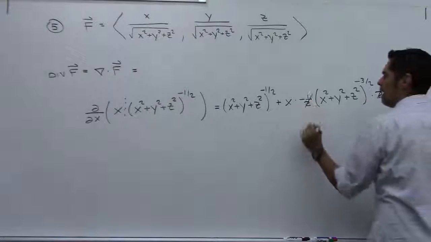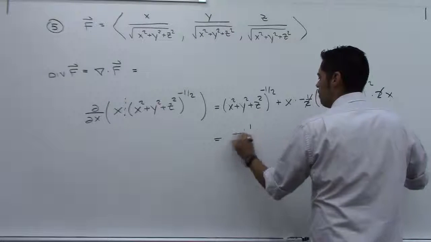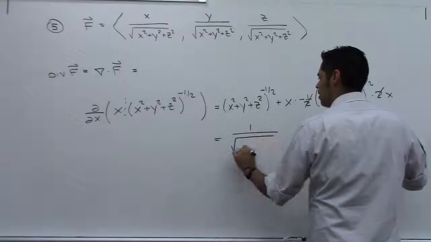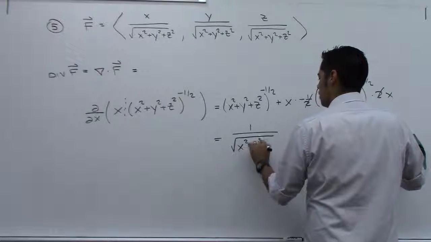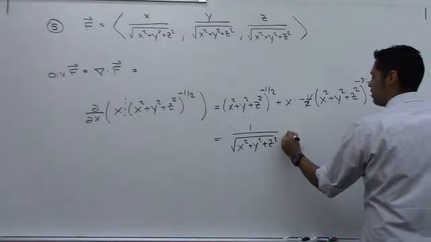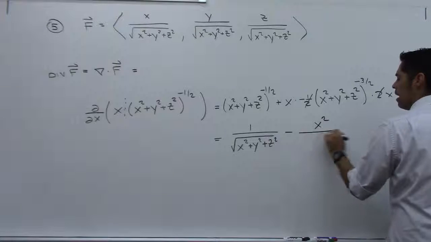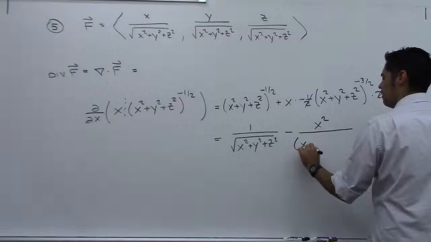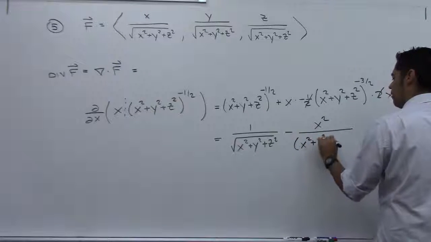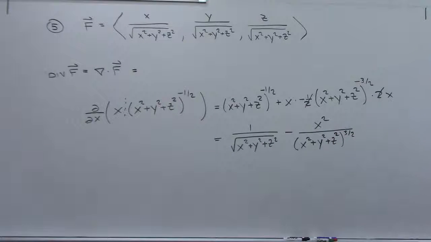The 2 and the 1/2 cancel. So let me rewrite it: 1 over root x squared plus y squared plus z squared. And then this is going to be a minus. The x and the x together is x squared. And then I have all of this stuff to the 3/2. So that's what I would get if I did the derivative with respect to x.